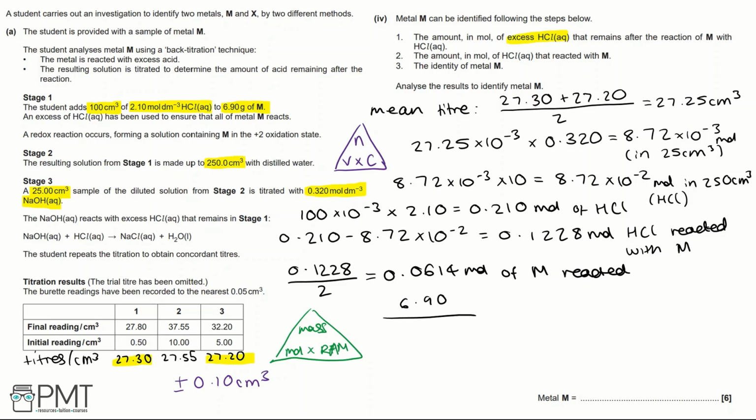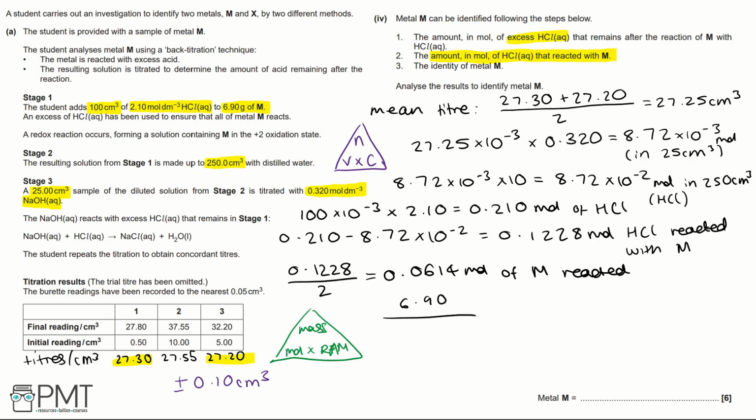And that is following step 2, which has asked us to work out the number of moles of hydrochloric acid that's reacted with M, which we have done, and then we've scaled it by dividing by 2, and that's using our equation that we wrote for stage 1.